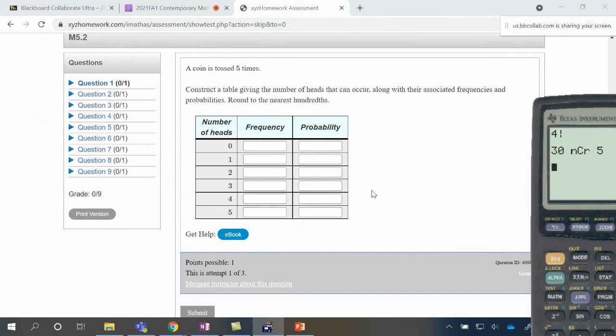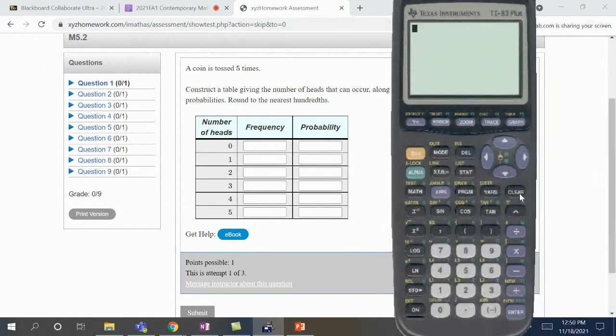We're given 5 tosses, and out of those 5 tosses, we choose 0 heads. For my first frequency, I'm going to put in my calculator 5, because we're tossing a coin 5 times, and out of those 5 tosses, we want to choose 0 heads. The frequency is 1.